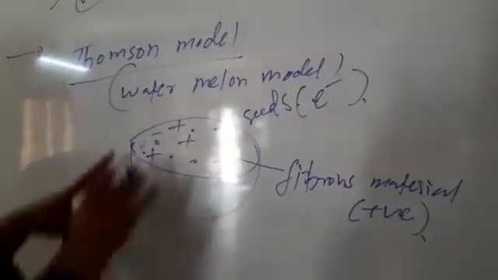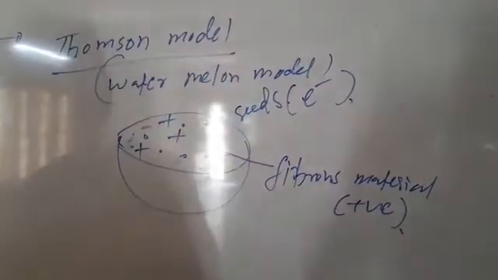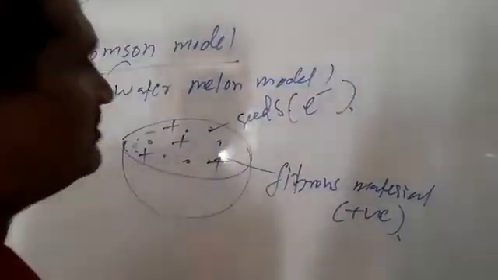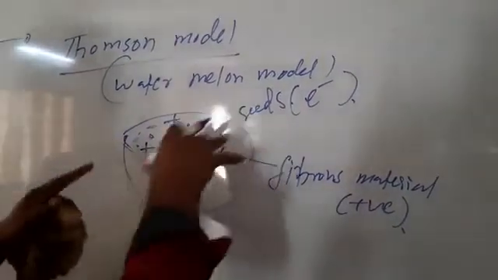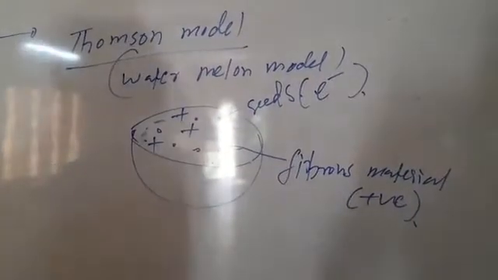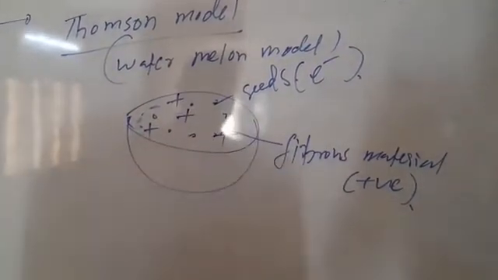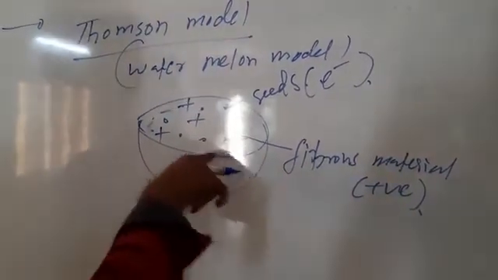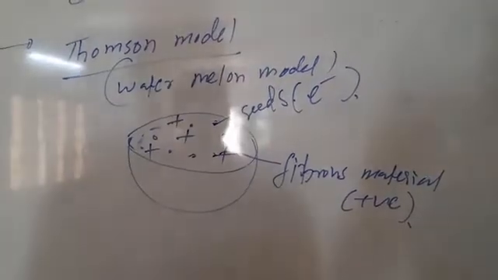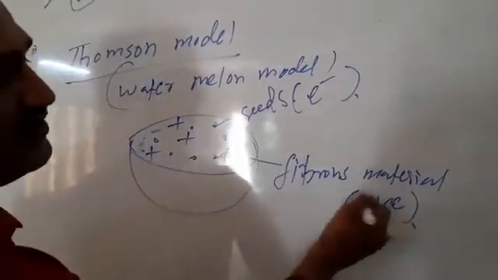So the positive charge is spread over the whole atom. He concluded that just as the seeds are embedded in the fibrous material, the electrons are embedded throughout the atom. Electrons are negative charges embedded in positive material, like seeds in a watermelon.